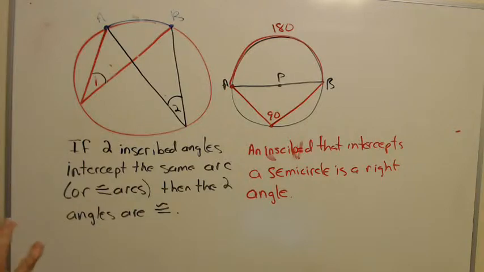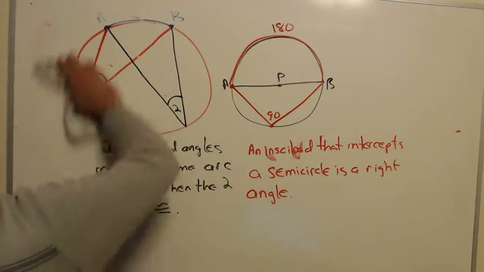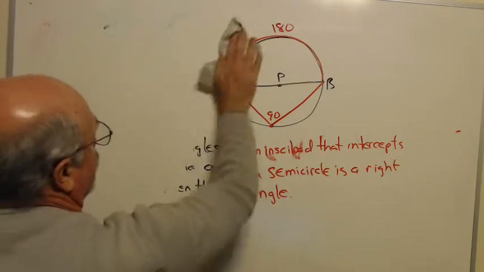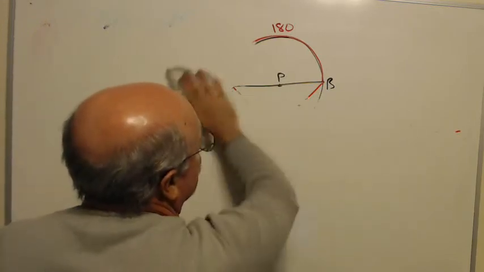We have one last rule in this chapter, in this section, and it is involving a quadrilateral that's inside of a circle, inscribed in a circle. Picture looks like this.